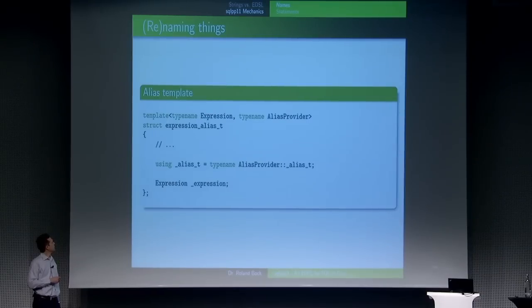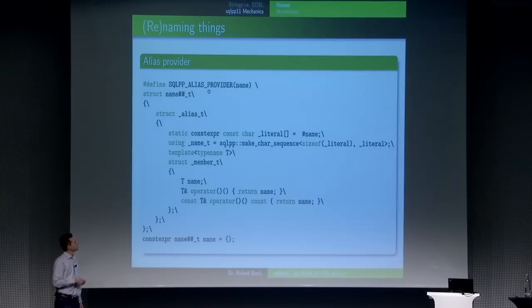And then it internally uses an alias type which then contains one of these member templates and the expression itself. So the whole thing contains whatever you gave it, right? The original expression, and it now has a new name because the name of whatever you use in Sqlpp11 is defined by this alias template.